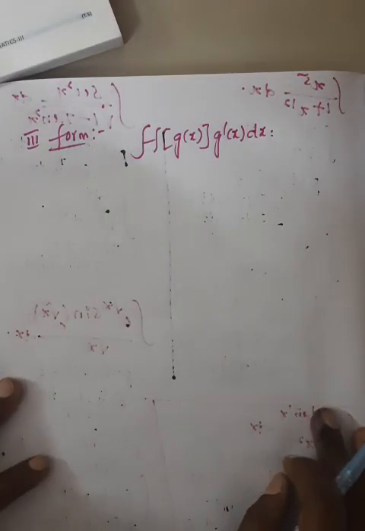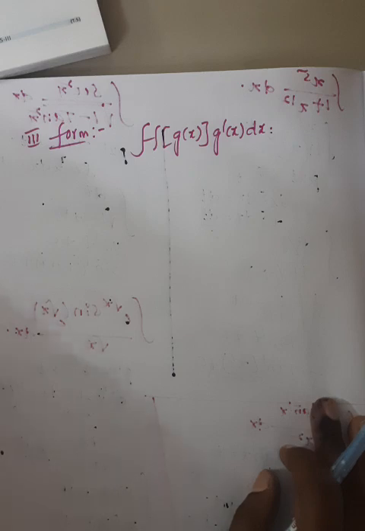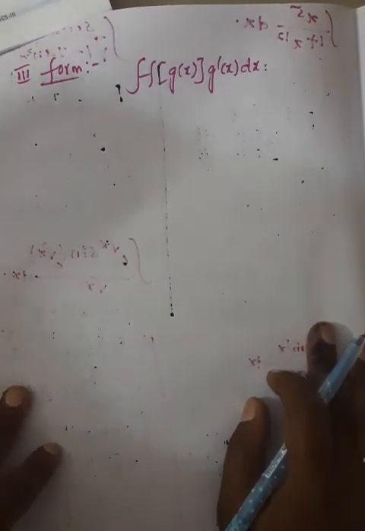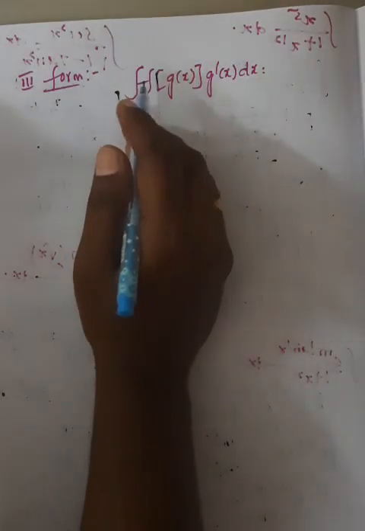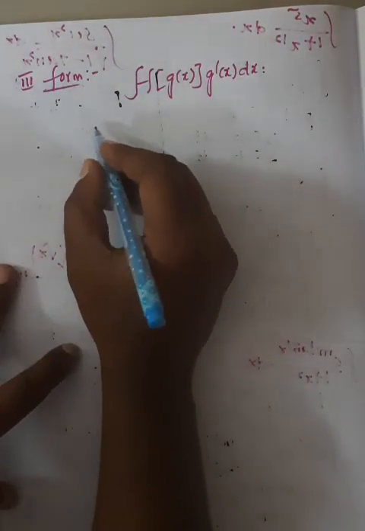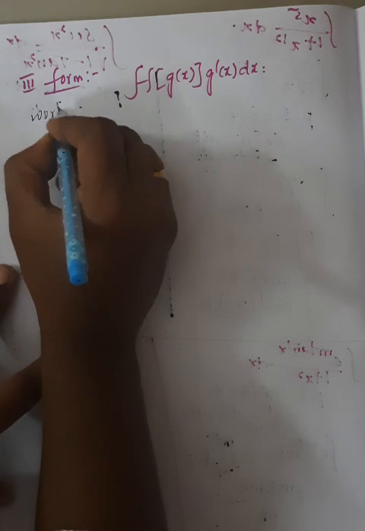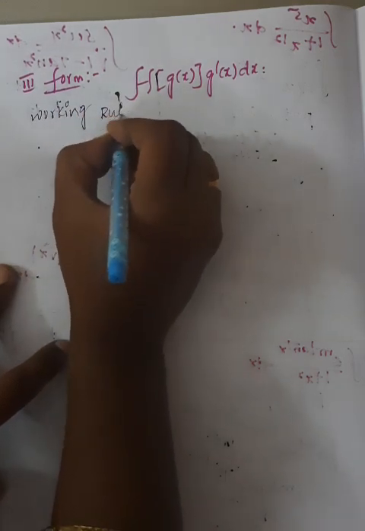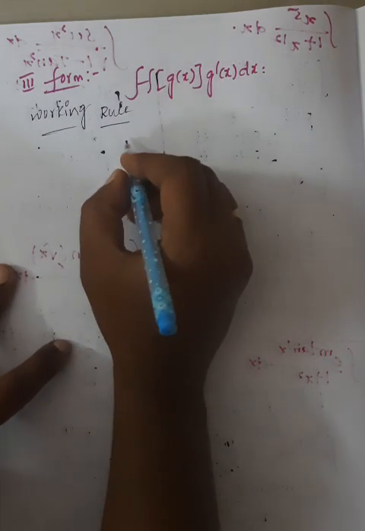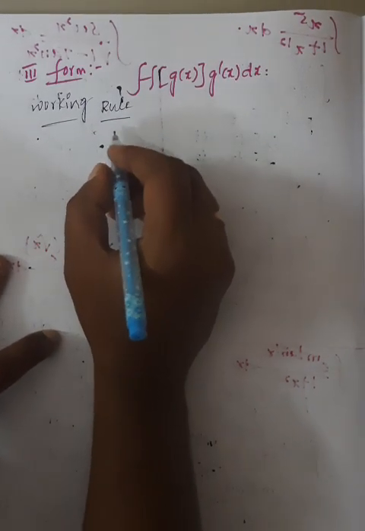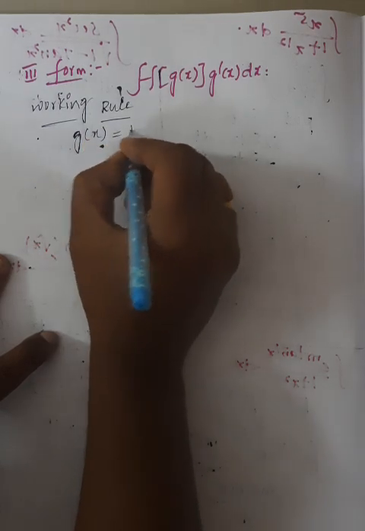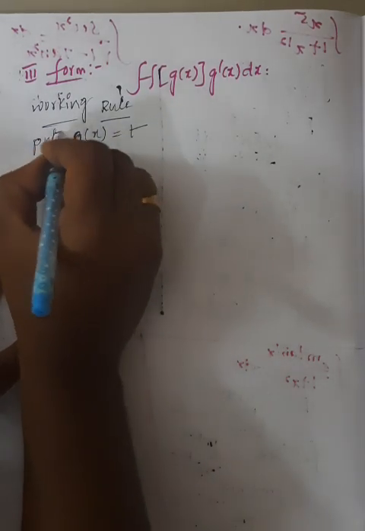Now let us discuss our third form, integration of f of g of x into g dash of x dx. So here the working rule for this third form is, first of all we have to consider g of x as t. Put g of x is equal to t.